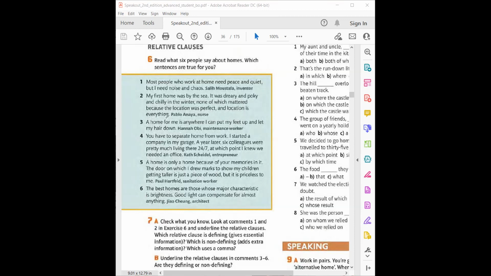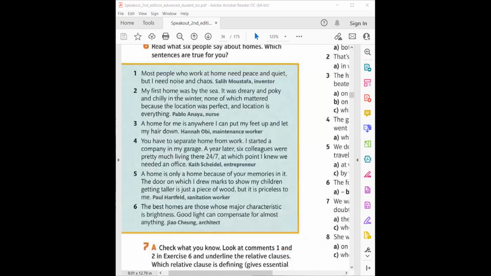So let's have a look at the first one. Most people who work at home. This is the relative clause, and the pronoun is who. Thank you. Number 2, can you do it for us, Ikram? None of which mattered because the location was perfect.